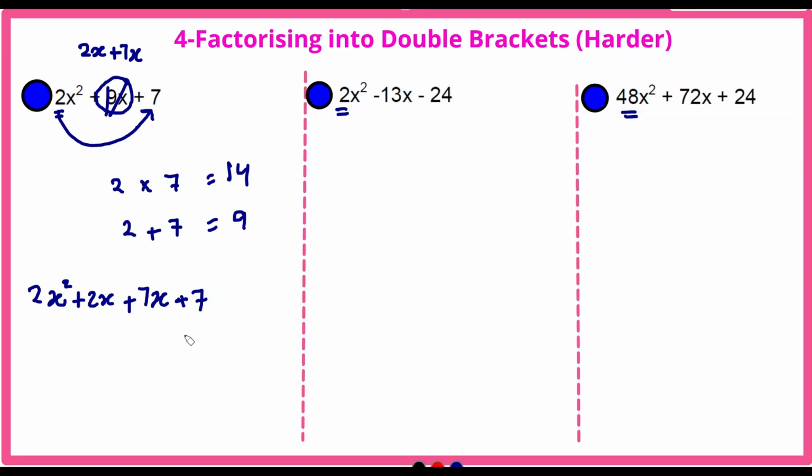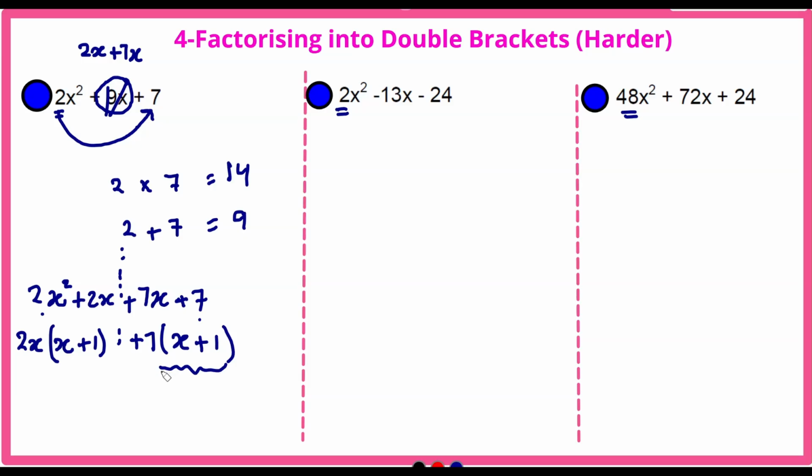What do I do after? If you notice, I keep that and keep that. That's fine. I split here in the middle. Factorize this on its own and factorize this on its own. What's the highest common factor that goes in here? It's 2x. Now we have x add 1. What is the highest common factor that goes in here? 7. Take 7 out.